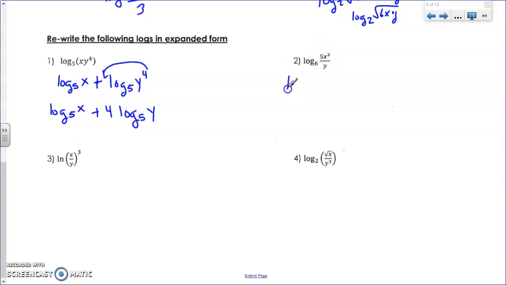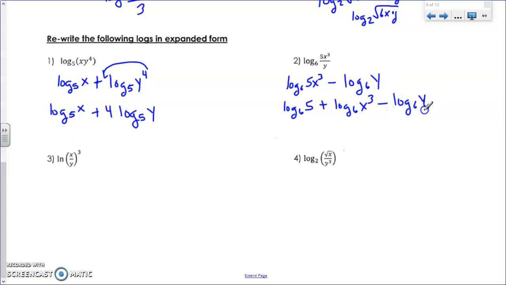All right, so here we have multiplying, exponent, dividing. Okay, so we're going to start by breaking up the division. So log of x to the 3rd minus log of 6 to the y. Okay, so now we need to fix the multiplying. Expand that. Okay, that's going to be plus. And then we leave this alone because we haven't done anything with it.